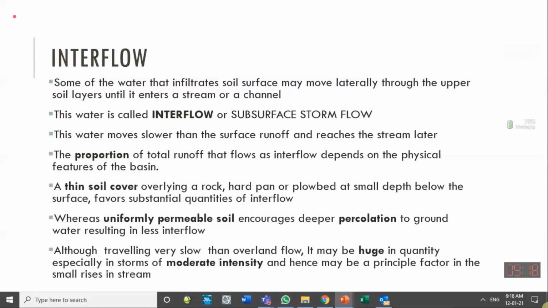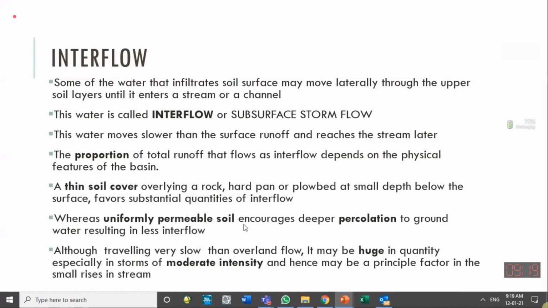So below the ground surface, if we have impermeable rock or impermeable surface or hard pan, such condition will give more interflow. Water will reach this soil and it will not be allowed to go down into the deep groundwater bodies. So that will move laterally and it gives rise to a higher quantity of interflow.